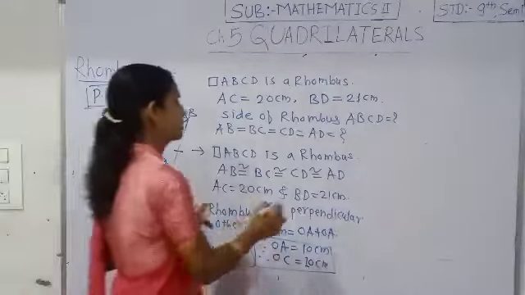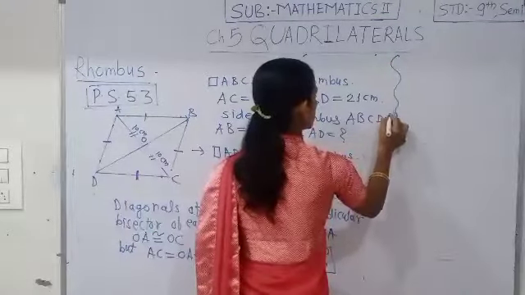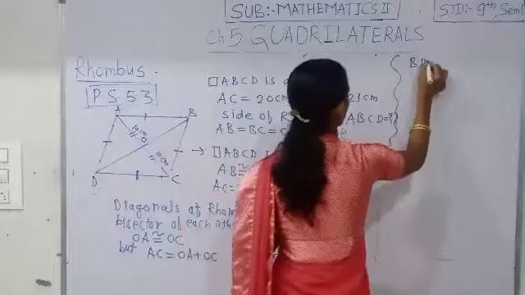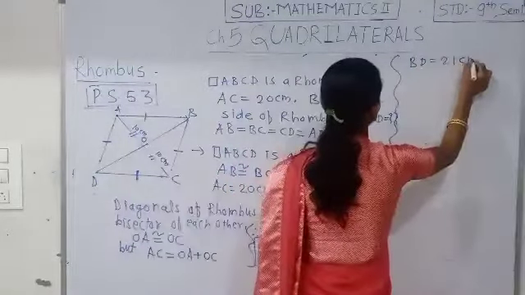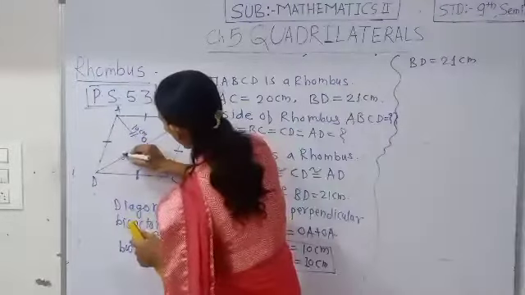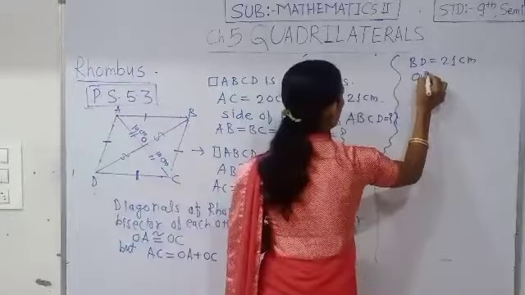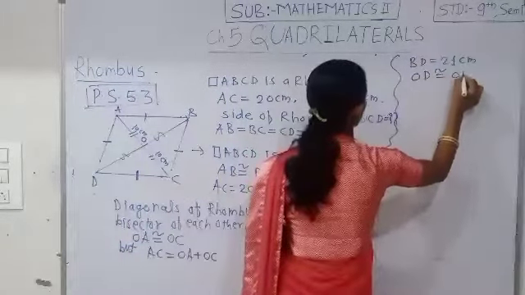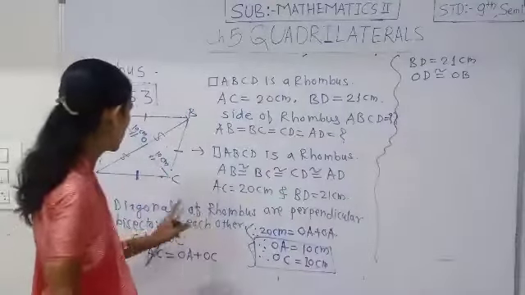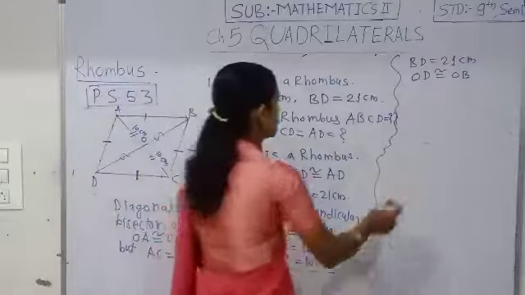And here BD, which is given as 21 centimeter. OD is congruent to OB according to this property, that diagonals of a rhombus are perpendicular bisectors of each other.